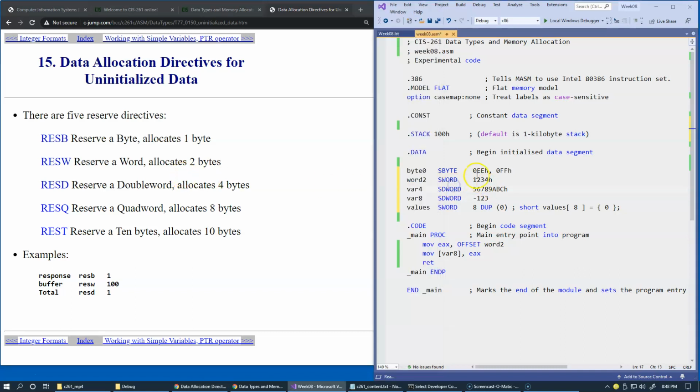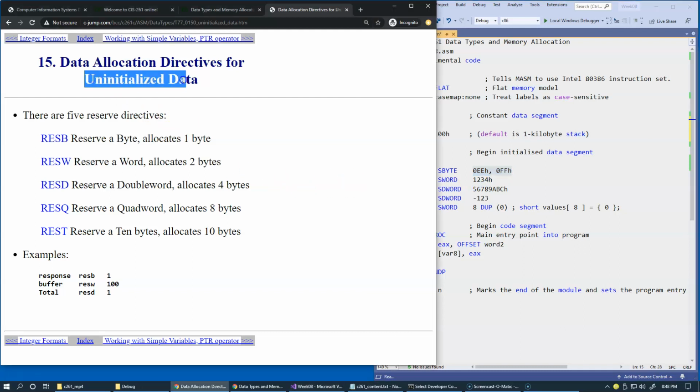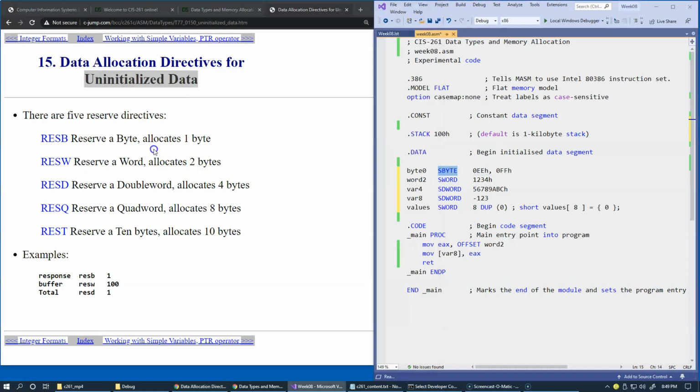Sometimes you don't have the data to initialize your values with, and there is even a recognized uninitialized data memory segment, which is constructed when your program is loaded into memory. And normally on most operating systems, this uninitialized data segment is written with all zeros by the program loader. But anyway, you can reserve a byte to allocate 1 byte and specify how many of them you want.